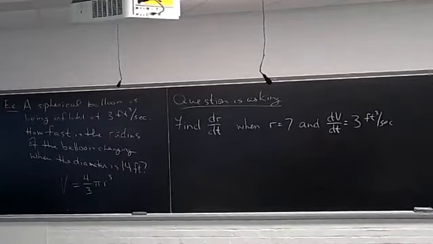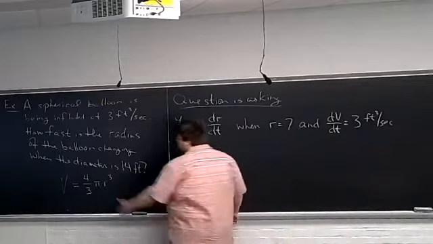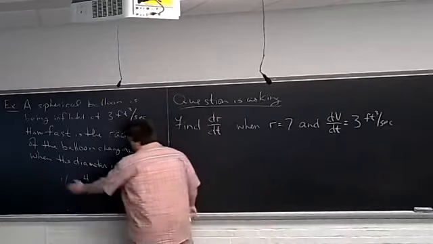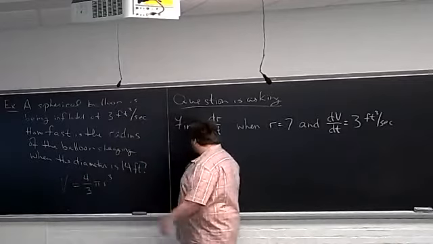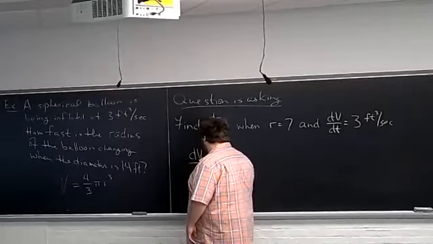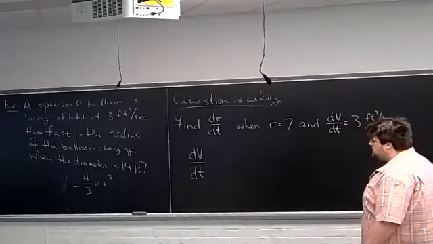So we want dr dt when the radius is 7 and the volume is changing at 3 cubic feet per second. Well, we have this volume equation, so let's differentiate with respect to time. Volume and radius are functions of time. Differentiate that with respect to time. Derivative of v with respect to t is just dv dt.